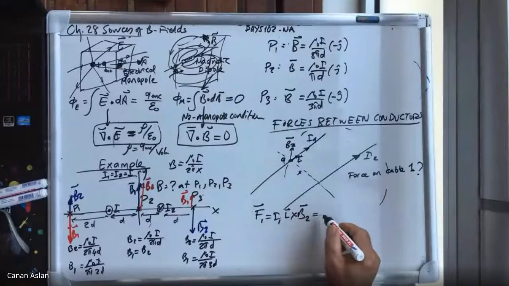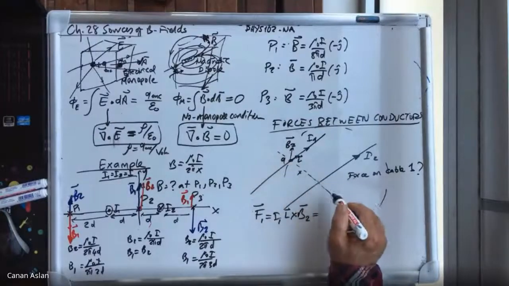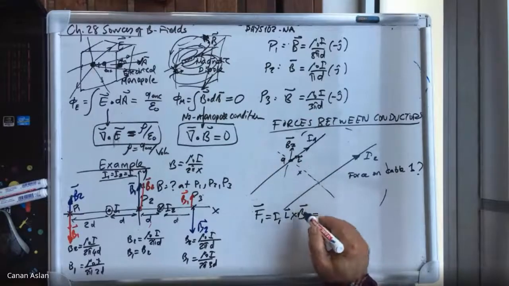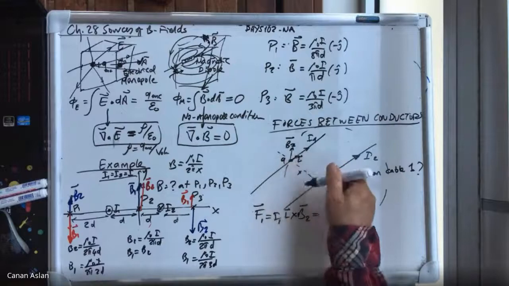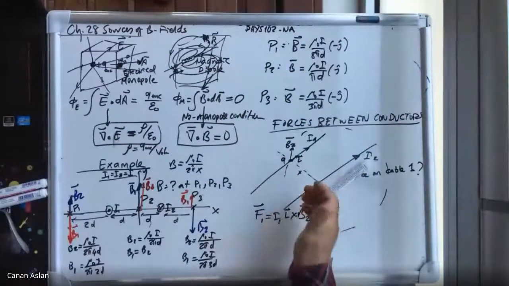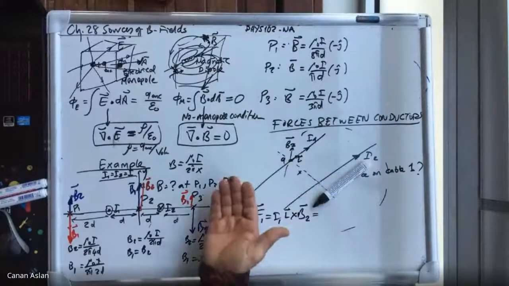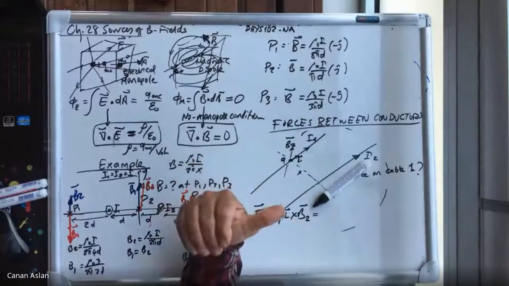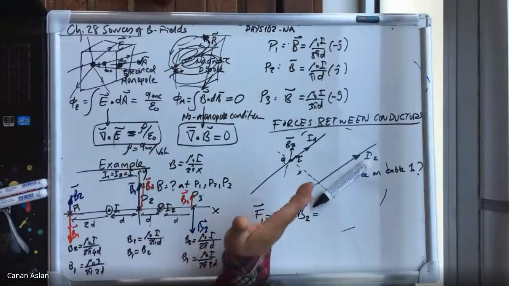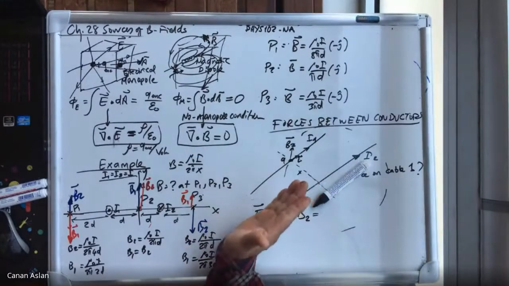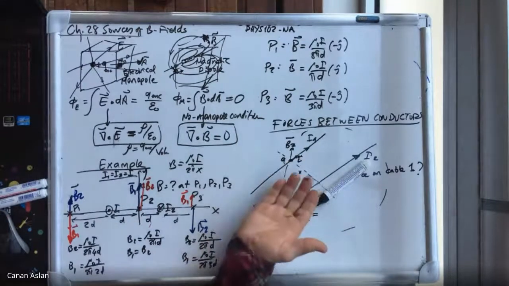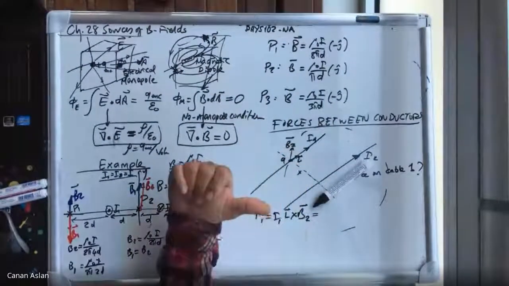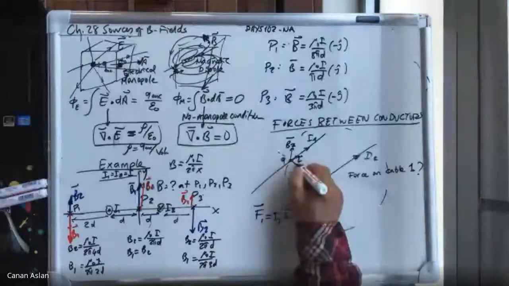Now everything is perpendicular. L is this way, B2 is that way, so if you put your fingers like that and then multiply by B2, you see that the force will be inside the plane.